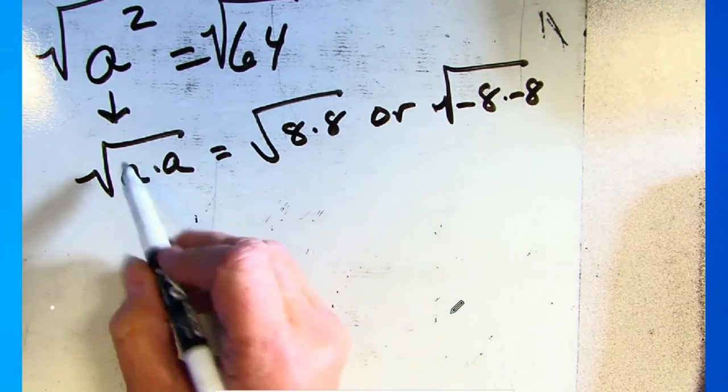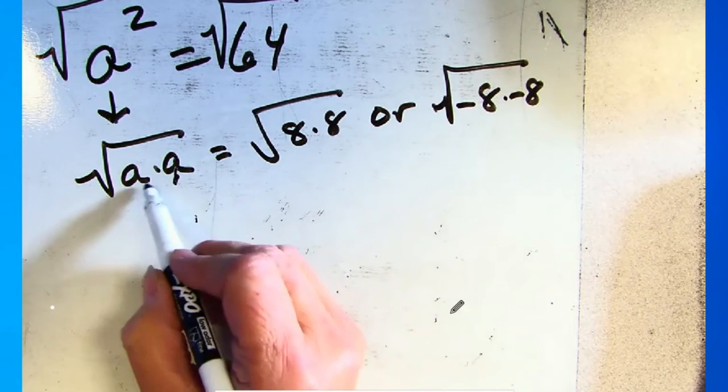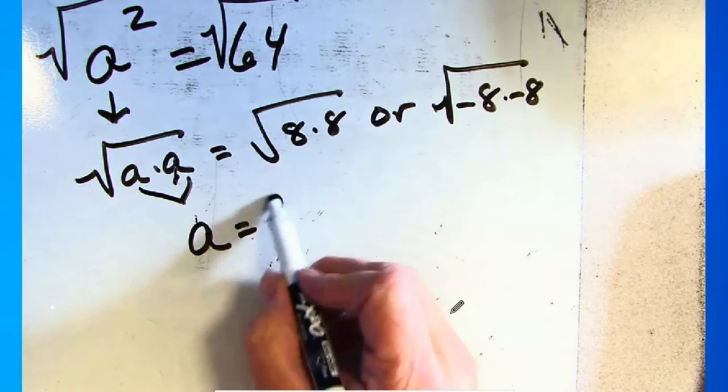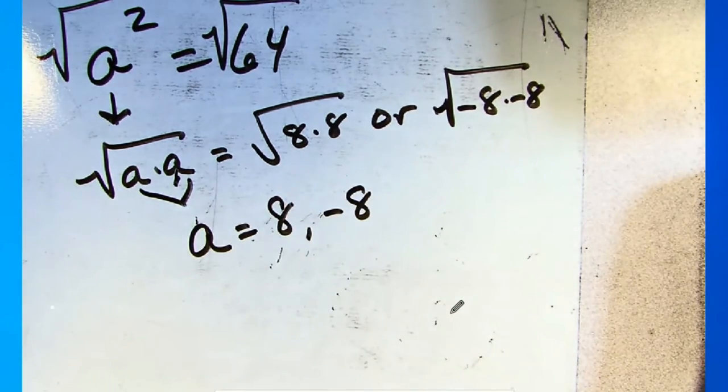You have to have two of a kind to take a square root. I have two of a kind, so this becomes a. I take one of these for 8, I take one of these for negative 8. So a squared equals 64, a equals either 8 or negative 8.